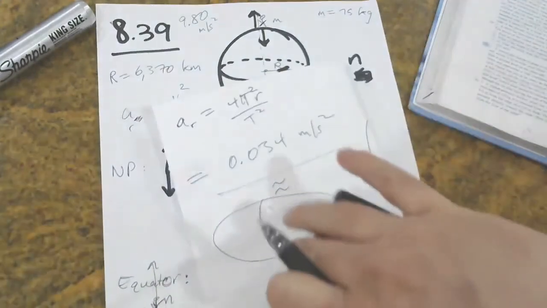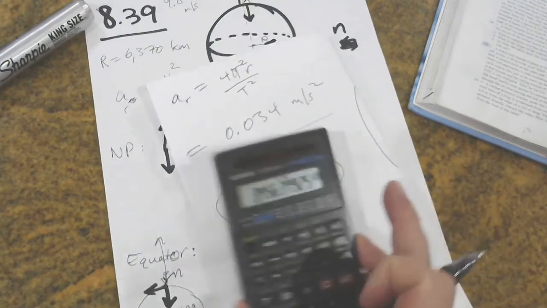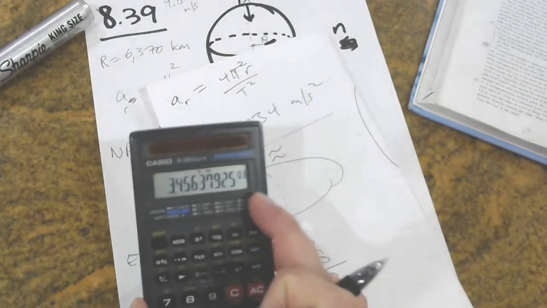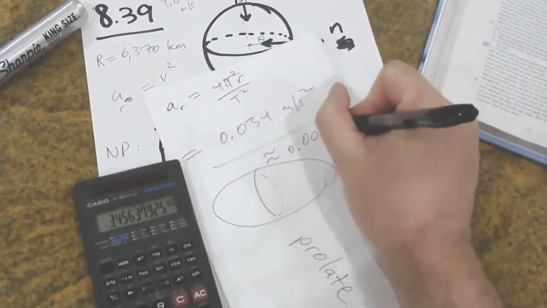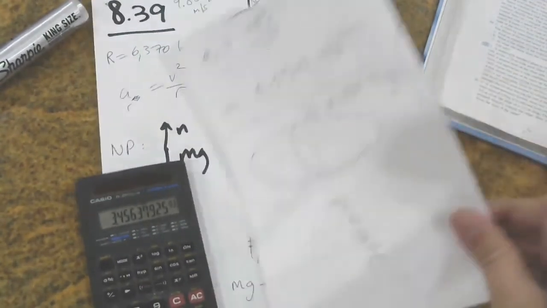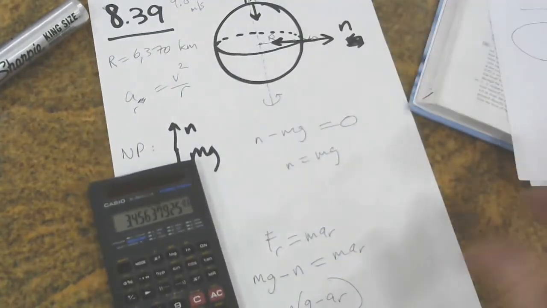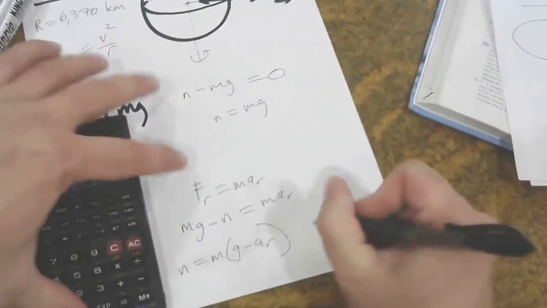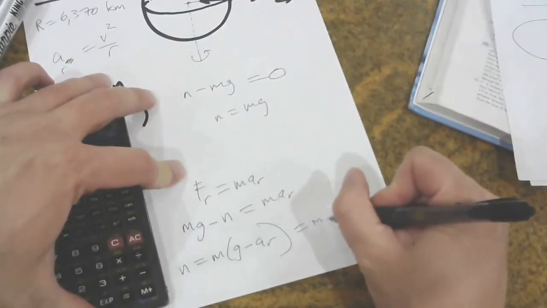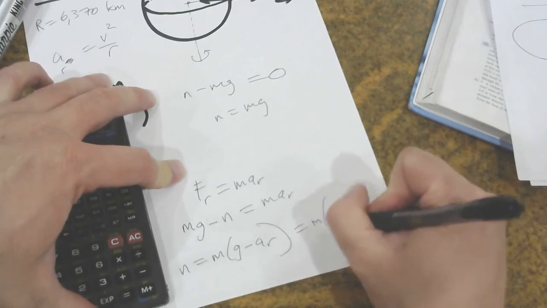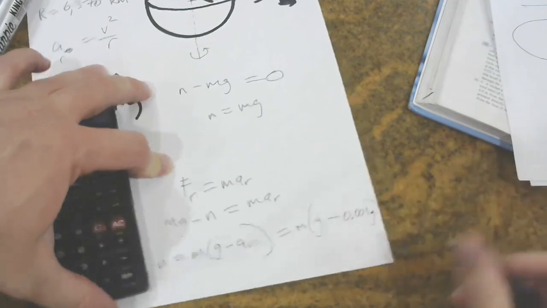And now let me divide that by 9.8 to express that acceleration in g's. Look at that, that's 3/1000ths of a g, 0.003 g. So by doing it this way, I can go back to my equation here and write this as m times g minus 0.003 g.